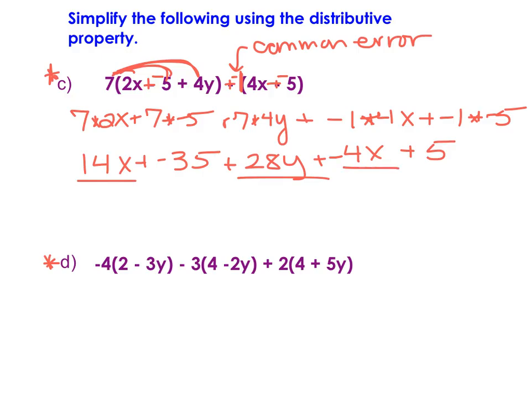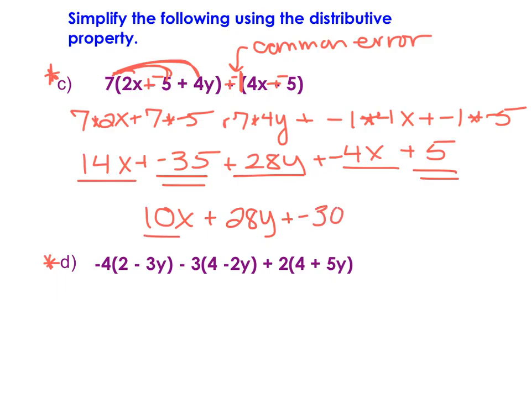So I see that I have 14x and a negative 4x. Those combine together to be 10x. I then see that I have 28y but no other y's, so that 28y just stays by itself. And then finally, I have negative 35 plus 5. That turns into a negative 30.